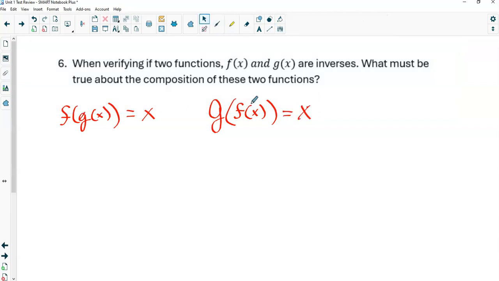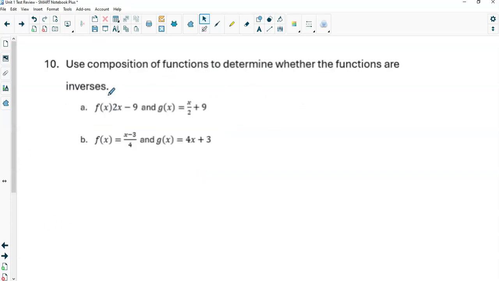If these two things are true, they both equal x, then that means they are inverses, okay? So let's go to number 10 and I show you what we mean by that.